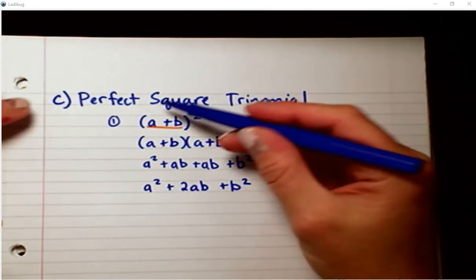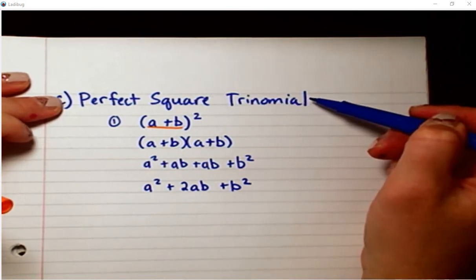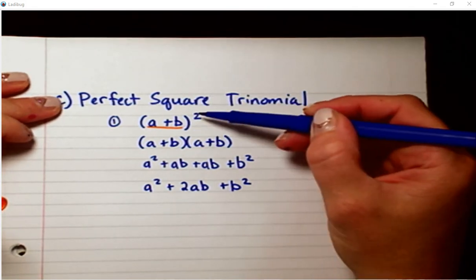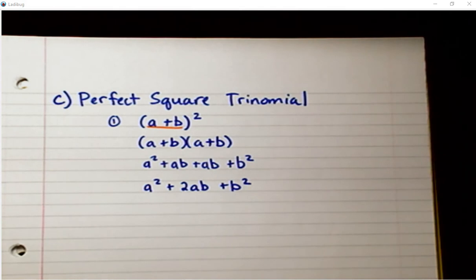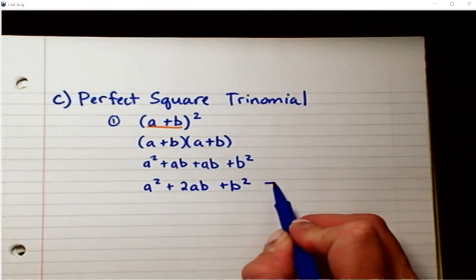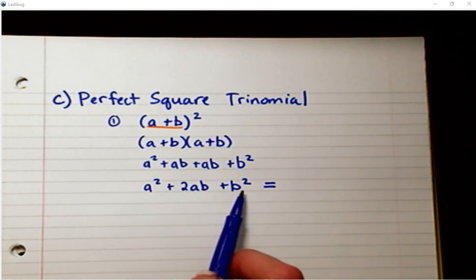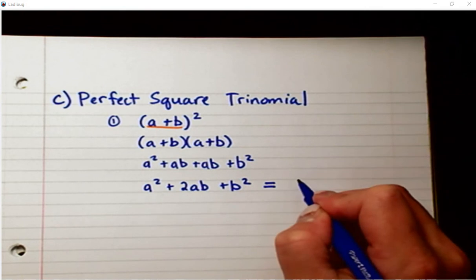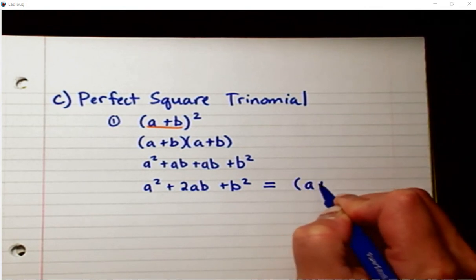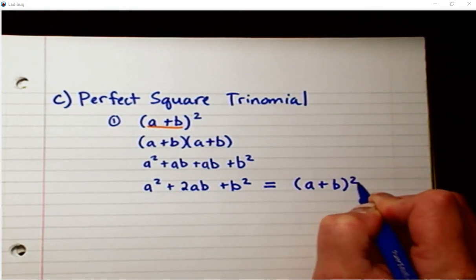This is called a perfect square trinomial because it comes from squaring the quantity a plus b. So when you have a perfect square trinomial where that middle term is doubled, it factors like this.